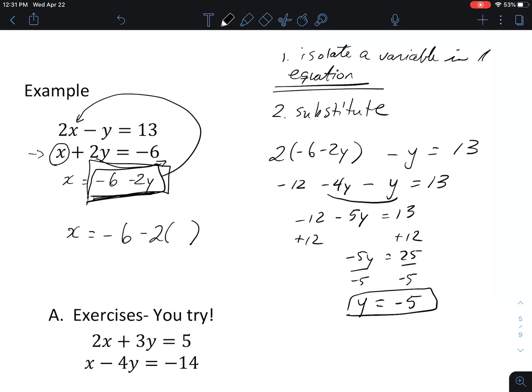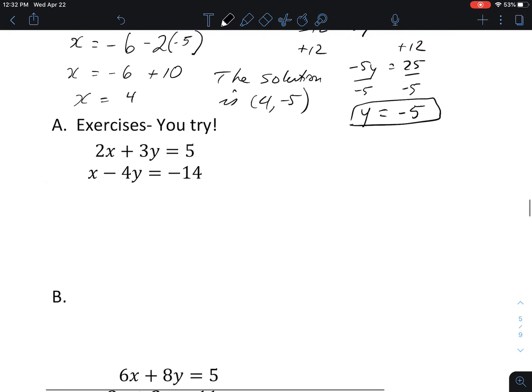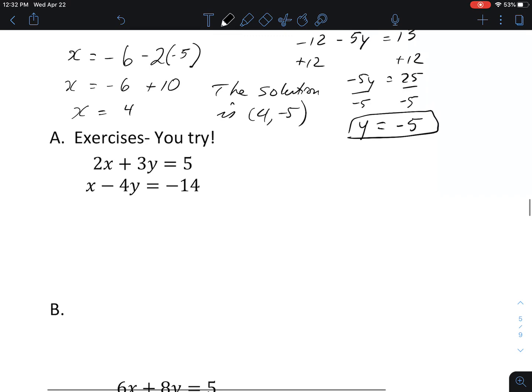So now I'm going to go back to the equation from step 1 and say x is negative 6 minus 2y, except y is negative 5. So now I have x is negative 6 plus 10. Now I know x. x is 4. So for this one, my solution is 4, negative 5.